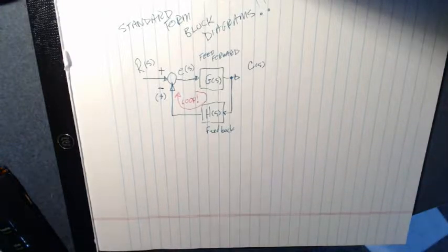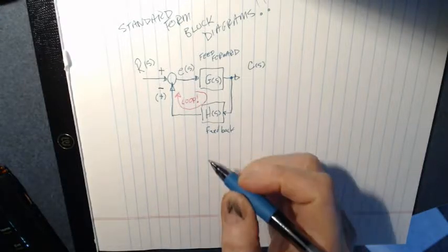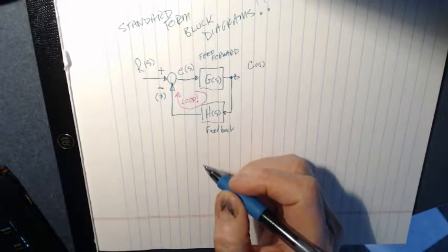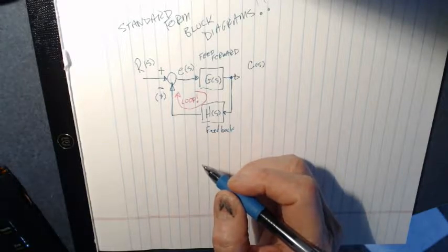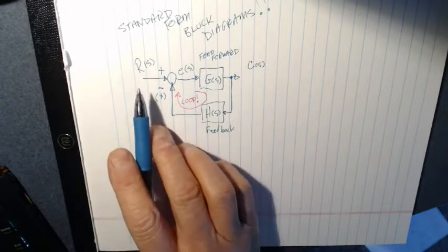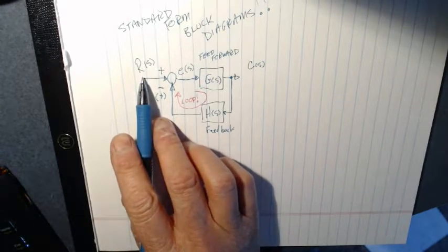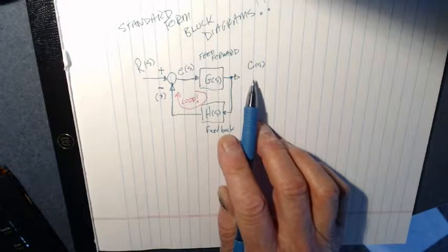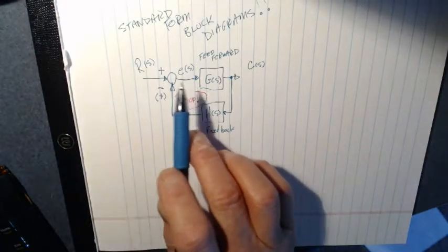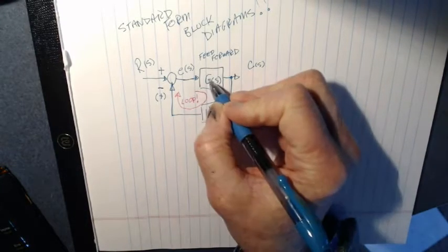In any loop we can reduce that loop to an equivalent block diagram that is much simpler looking than this. So we're going to look for the transfer function that involves the input R of S and the output C of S.